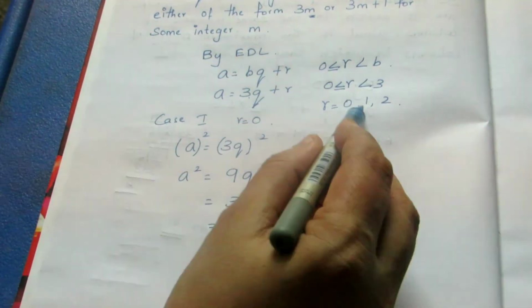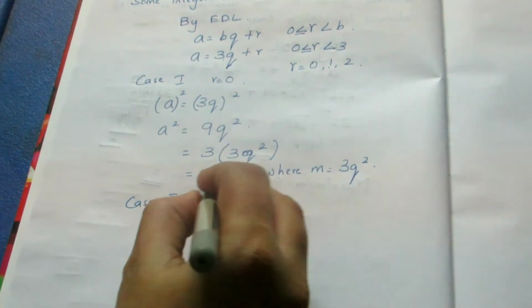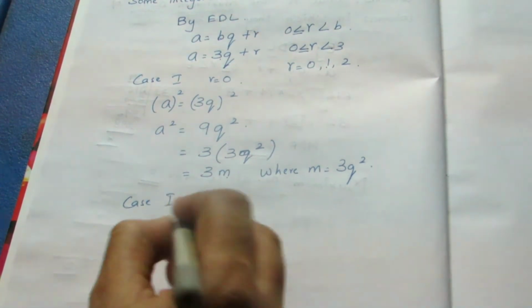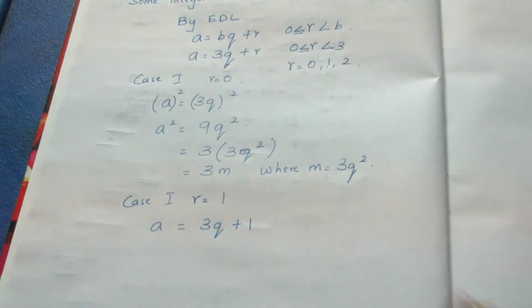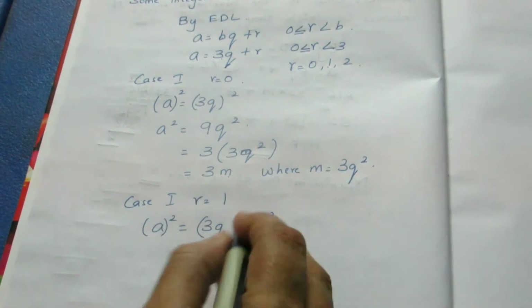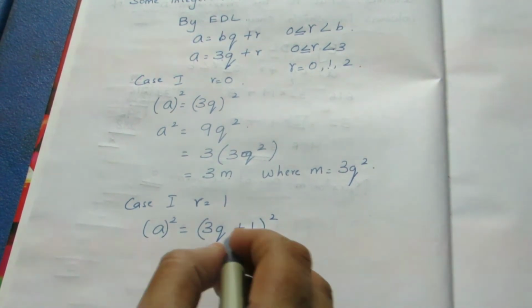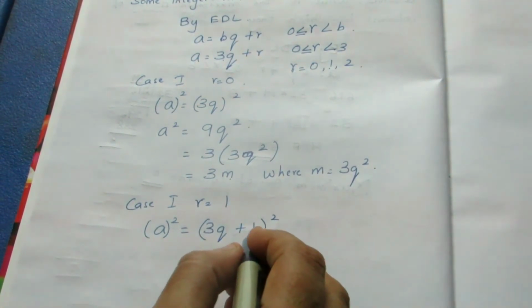Now I am going to take the second case, with remainder 1. So my r is equal to 1 now. Similarly, a is equal to 3q plus r. Instead of r, I take 1, and squaring, it should be the whole square. Don't take 3q square and 1 square.